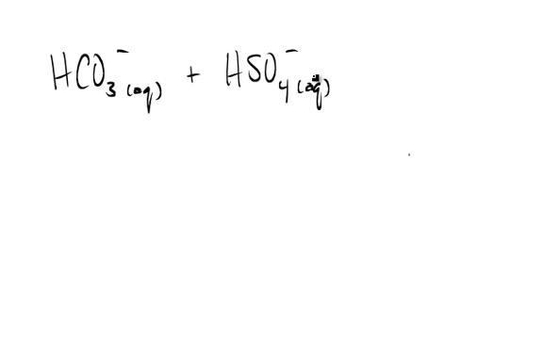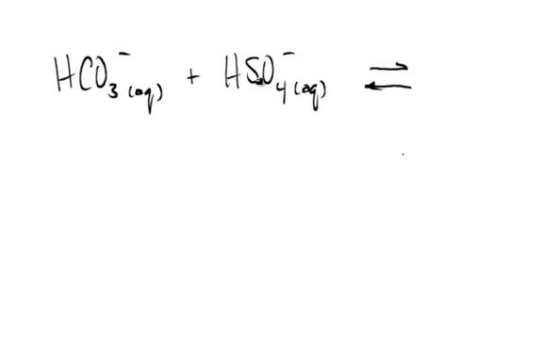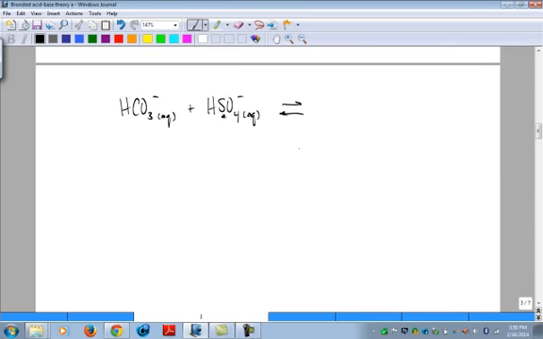You can look in a table of values of strengths of acids, and you'll see that hydrogen sulfate is a much stronger acid than hydrogen carbonate. So between these two, the hydrogen sulfate will be acting as the proton donor. So as a result of that, hydrogen carbonate anion is going to accept an H+ and form carbonic acid.